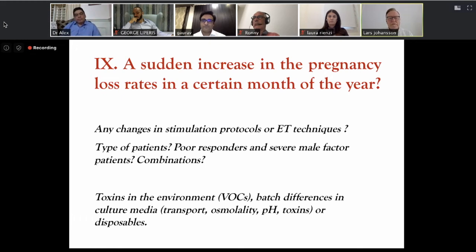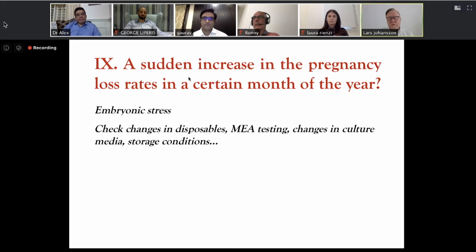They haven't got the proper stimulation, they haven't got mature eggs, but they still want an egg collection. And that will affect your results at a certain time. But the combination, as I mentioned before, of male factor and poor responders is really, really bad. But if you have a big program, it shouldn't just drop suddenly.